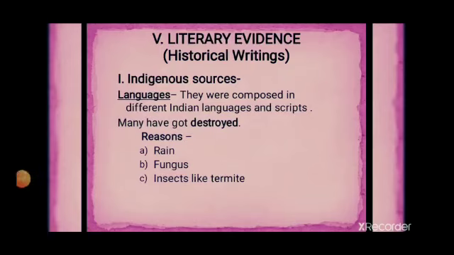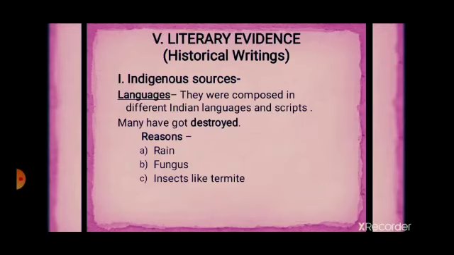And do you know, children, indigenous sources were written in regional languages like Hindi, Urdu, Sanskrit and so on. They were composed in different Indian languages and scripts. Many have got destroyed. The reasons may be rain, fungus, and insects like termites. You have seen this example with your books and copies also.